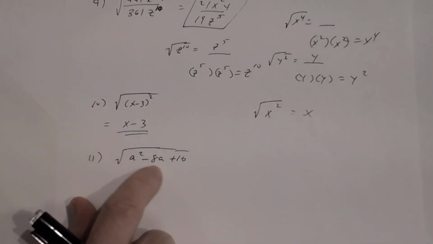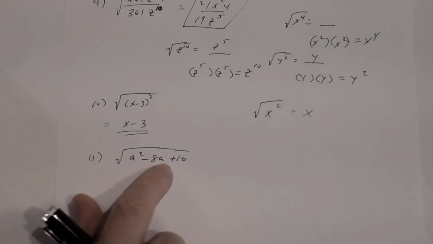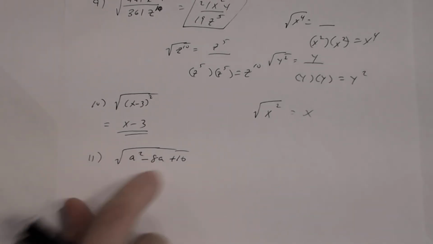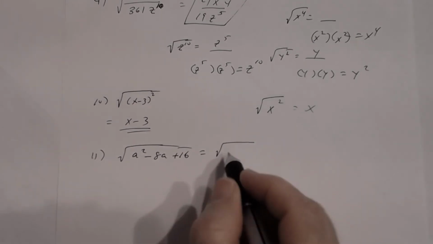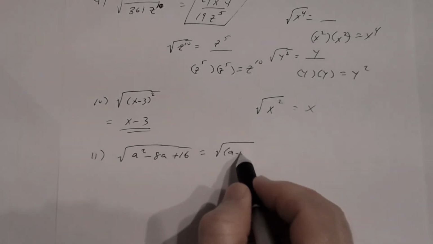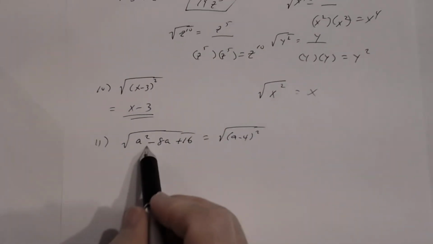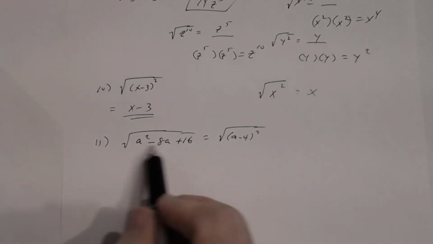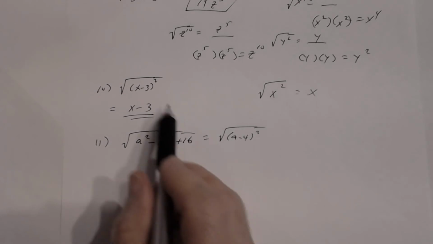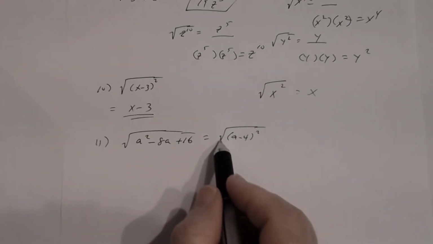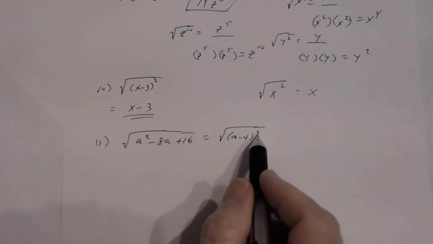But what you want to do is see if you can factor this trinomial. All right, factor this trinomial. And I can, because when I factor this, I'm going to get the square root of (a - 4) squared. So this right here is a perfect square trinomial. And so when I factor this, I get a binomial squared, and now that looks like this. So I have the square root of some base squared.